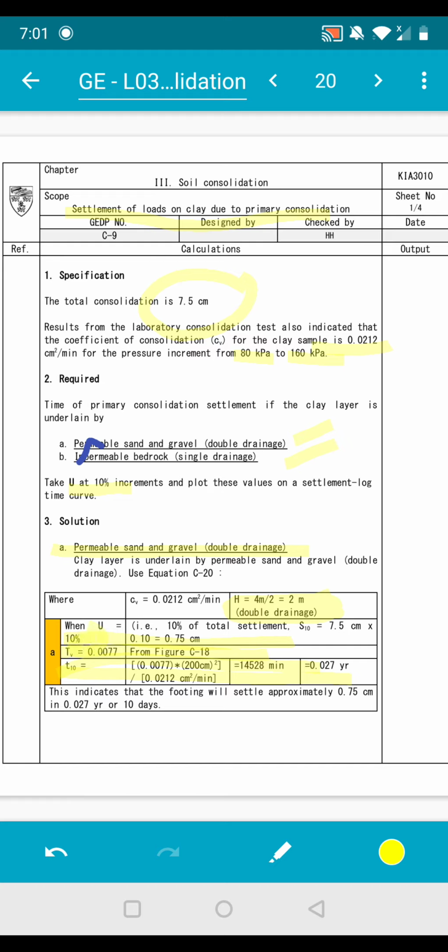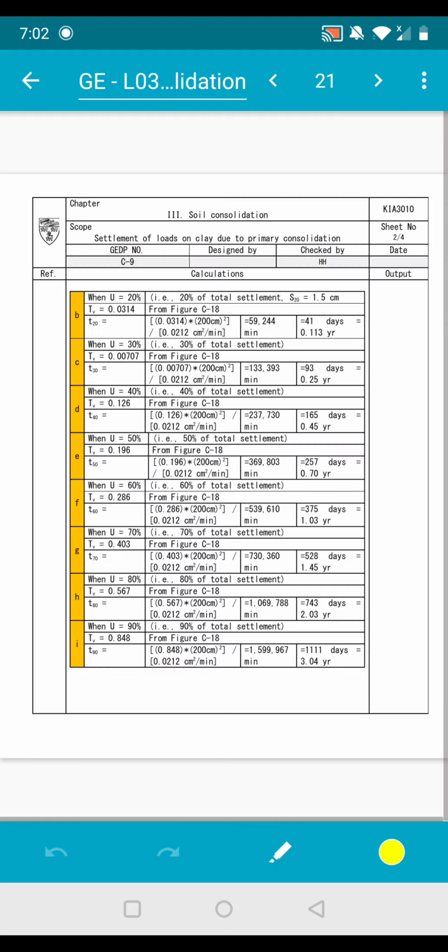At 10% consolidation, after calculation, you'll get 0.75 centimeter of settlement. Okay, you're going to do this repeatedly for the rest of the 10% increments. So that was 10%, then 20%, 30%, 40%, and so on.